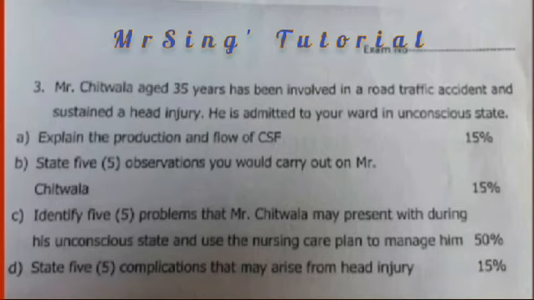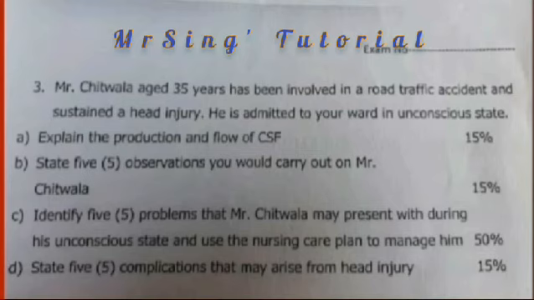Some of the complications that may occur due to a head injury, we can talk of meningitis, where the meninges, the membrane that covers the brain, get inflamed. We can also talk of encephalitis, where the brain itself gets inflamed, right?